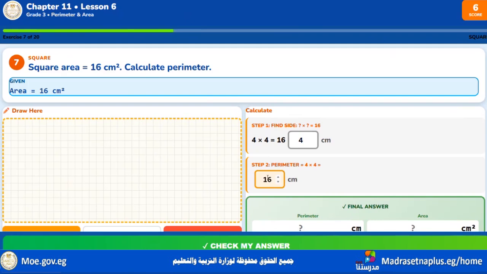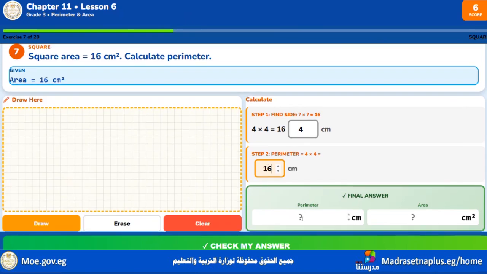But what's the difference between both 16s? 16 square centimeters is the area, and 16 centimeters is the perimeter, without the square. Same numbers but different units.